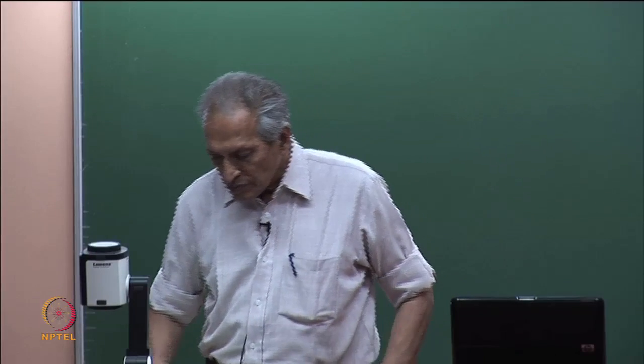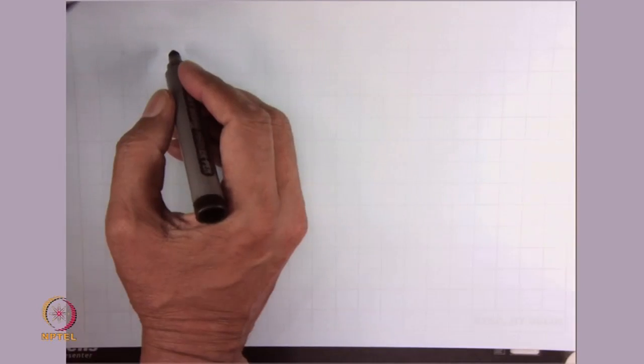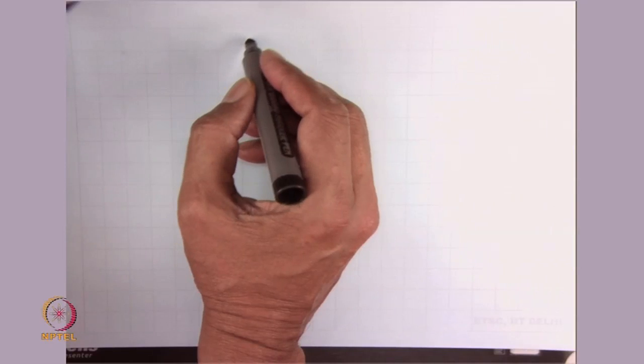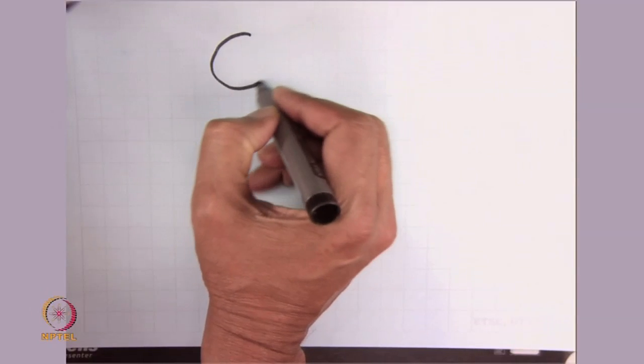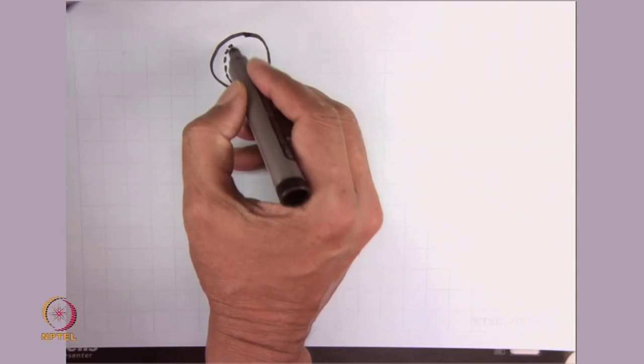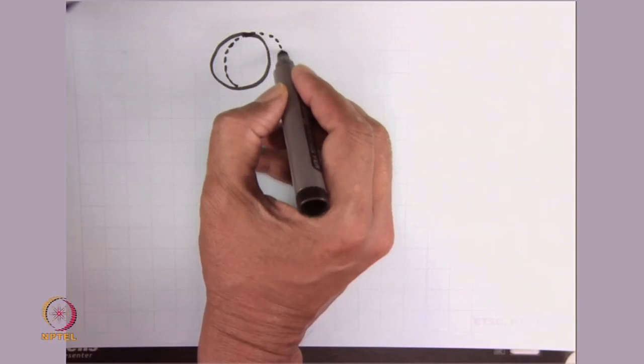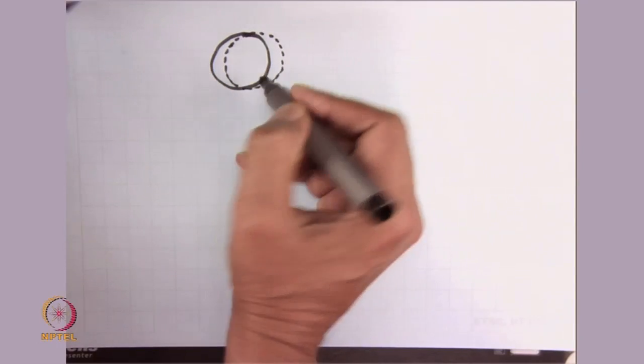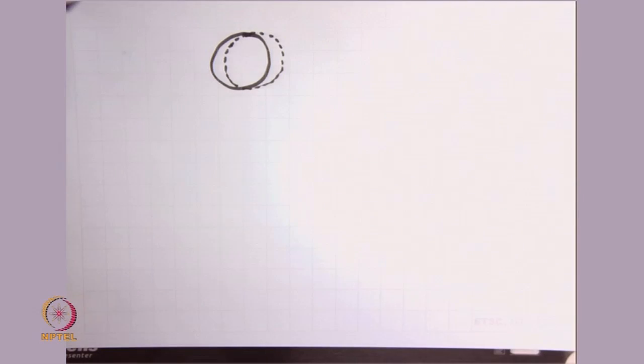But before I go to discuss the surface enhanced Raman scattering, let us see what will happen to the cluster. When the laser intensity is significantly large, your electron cloud is really moving out and back and forth.